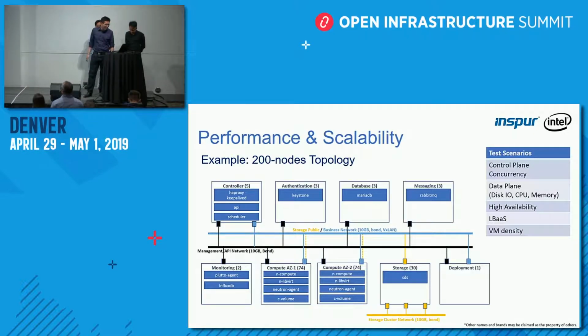In the data plane, there were 140 edge computer nodes, each configured with 2 Xeon CPUs and 256 GB RAM. The cluster also had 30 storage nodes.